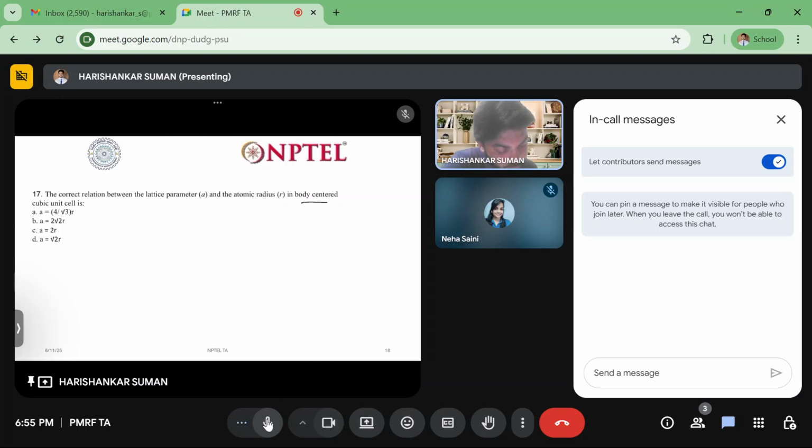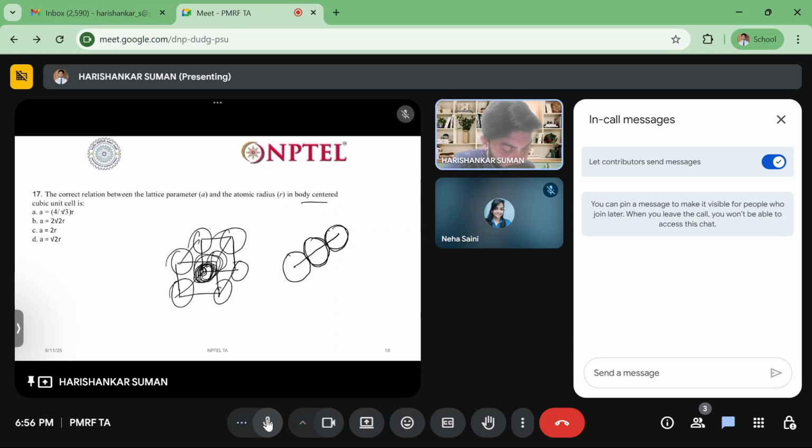Body centered cubic: one atom at the body center, others are at the corners. They touch along the body diagonal.